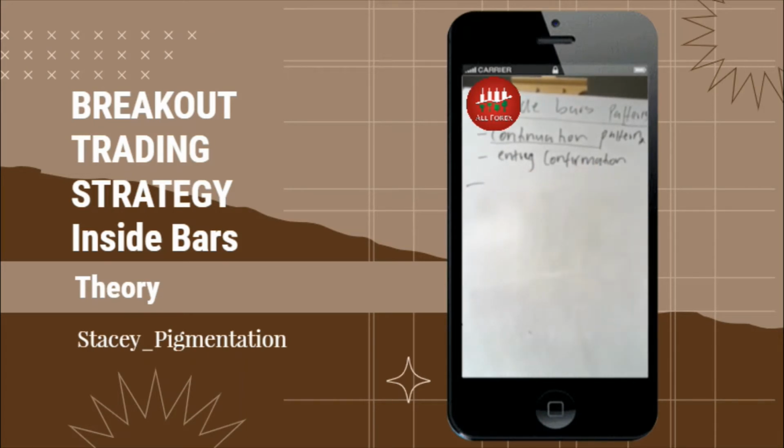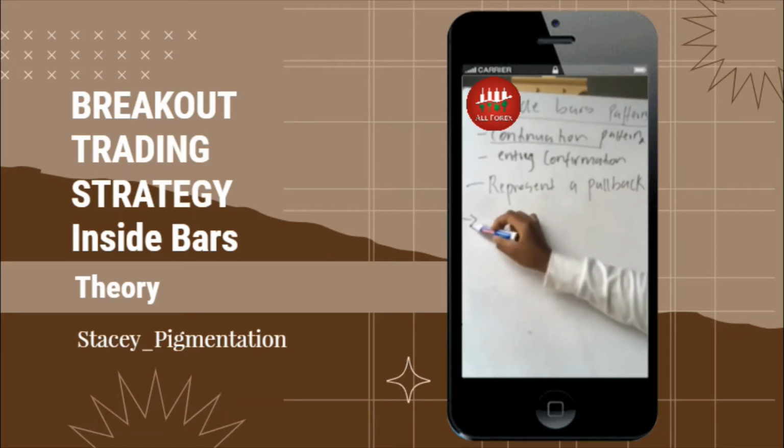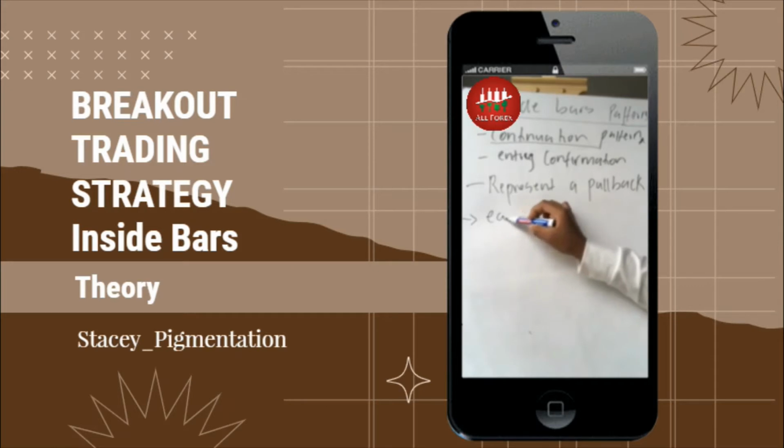So an inside bar can also represent a pullback. I'll show you how. And an inside bar can be easily identified on M5 time frames.